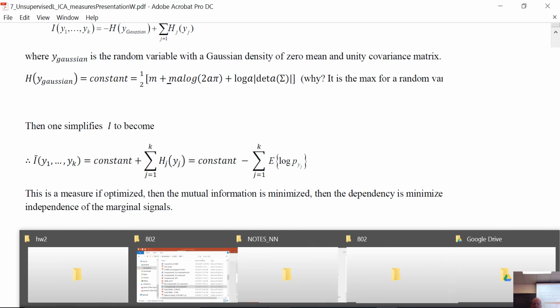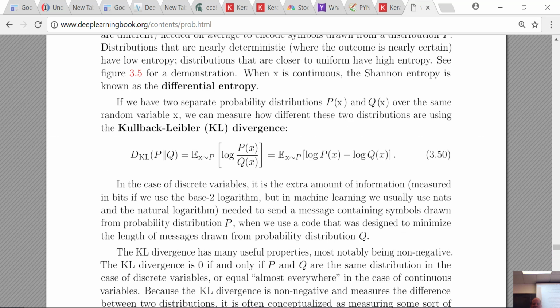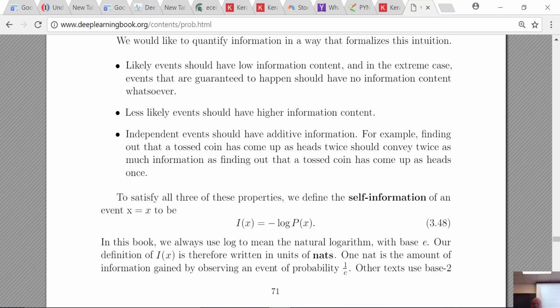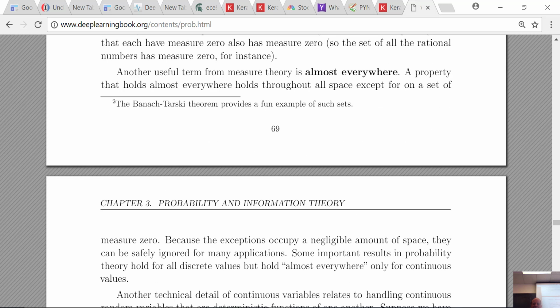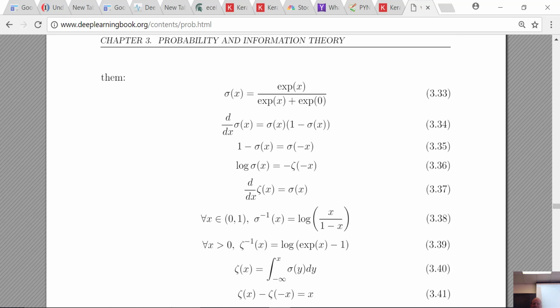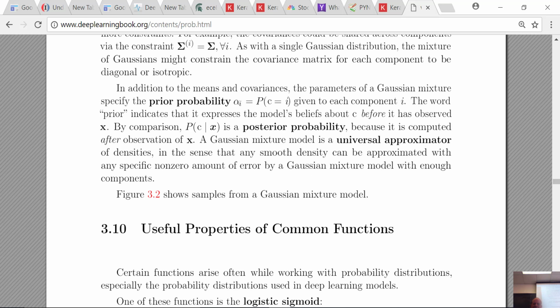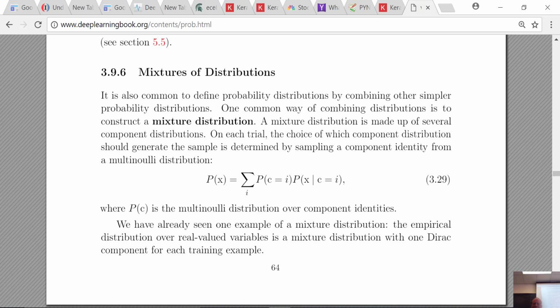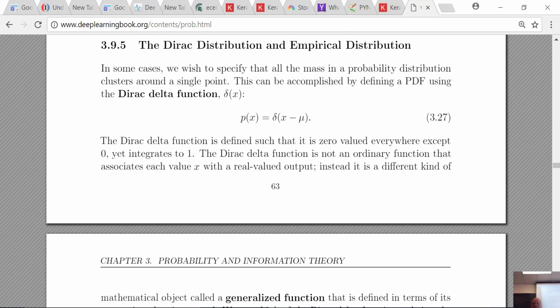So let me, I think there is also something here, I believe. Assuming you read it, but I need to share that. It talks about various probability densities, I believe. So here you have all these different distributions.